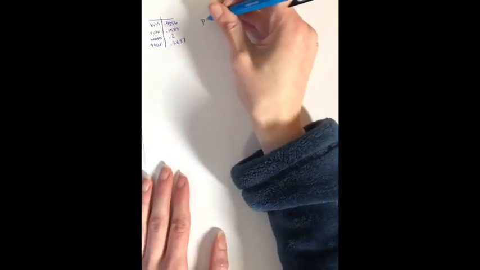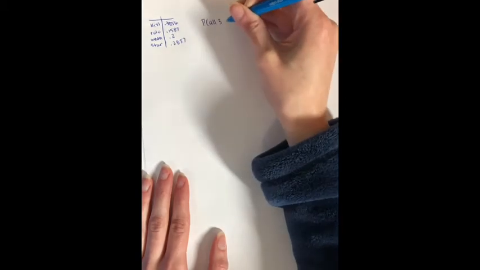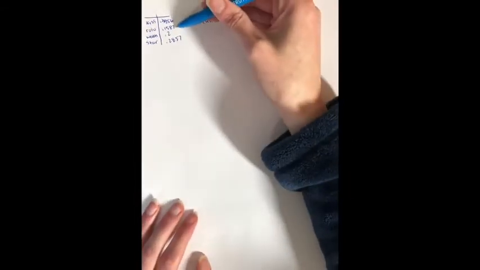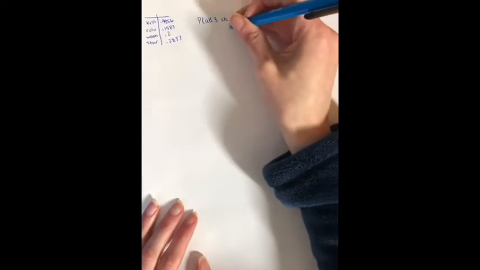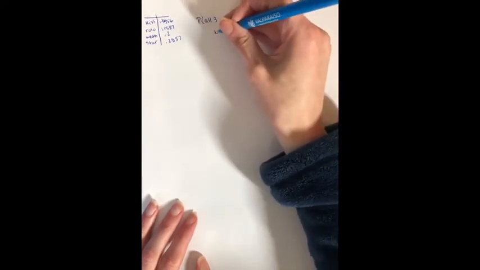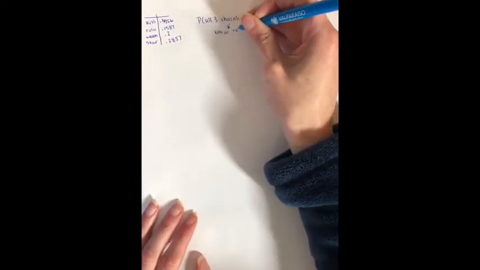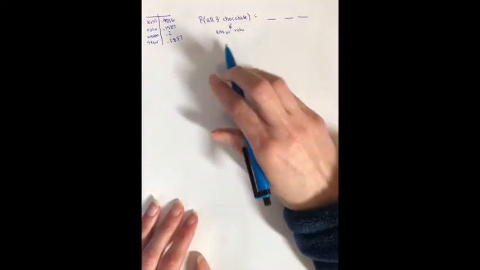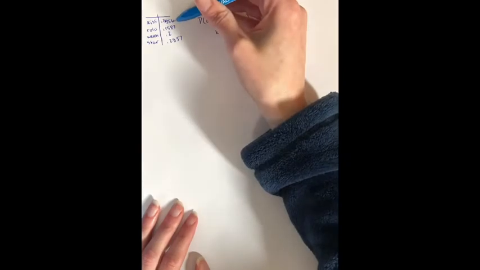So I might ask myself, okay, what is the probability of all 3 being chocolate? I just love me some chocolate. So let's say I'm just like in love with chocolate. Both of these are chocolate. So really what I'm saying is Kiss or Rolo, right? I want all 3 of these to be chocolate. So I want to find the probability of Kiss or Rolo.